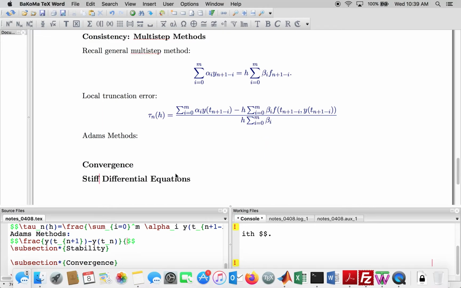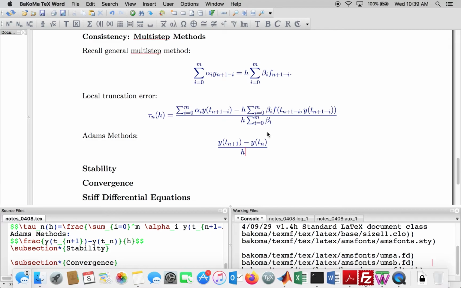Okay, all over h. And for Adams methods, the sum of betas is equal to 1, so I don't need to include that here.